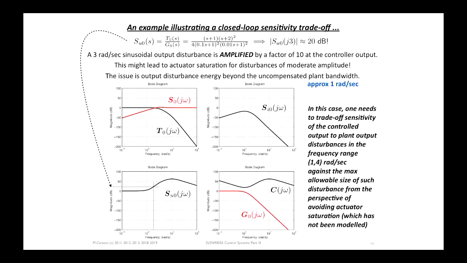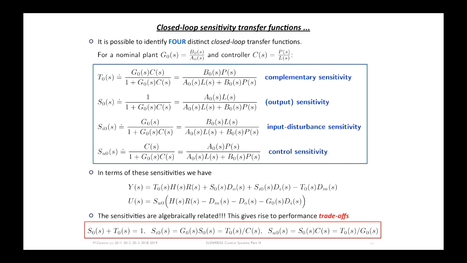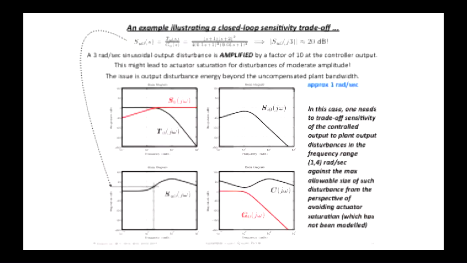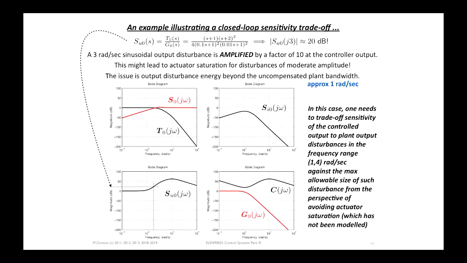And that's what causes this sensitivity function to pop up. This one is related to the complementary sensitivity function in this way. So we've got to divide by G0, and we're dividing by a small number at that frequency. So you get amplification there.